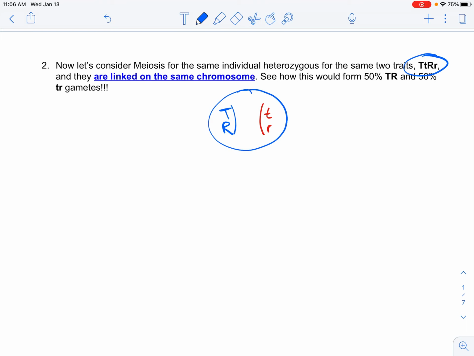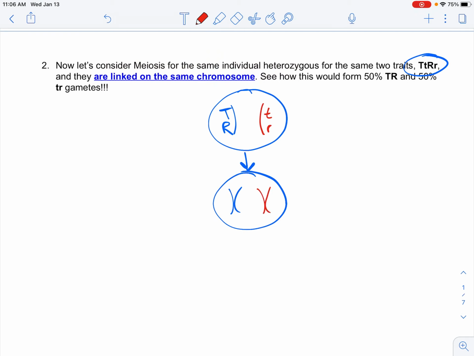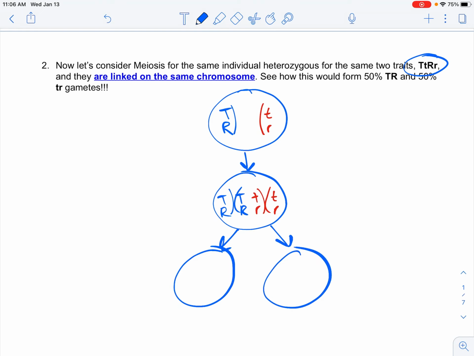I just want to show that it's possible that it would be different, but I'm just showing it this way. So we need to duplicate the DNA in S phase of interphase. So we're going to show that quick. The chromosomes again are going to look like X's now because there's two copies of each from each parent. And of course, when these separate and go through meiosis 1 and 2, we're going to end up with meiosis 1.